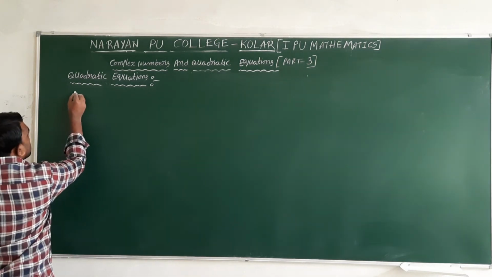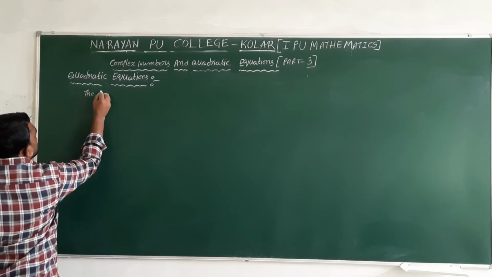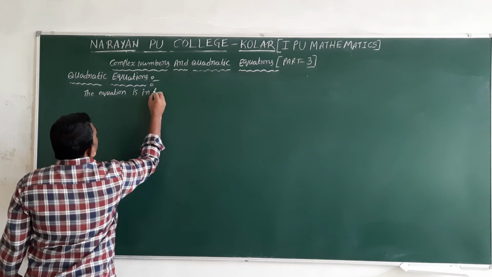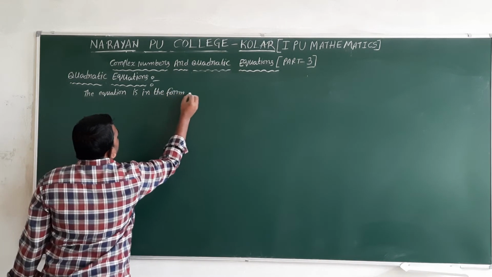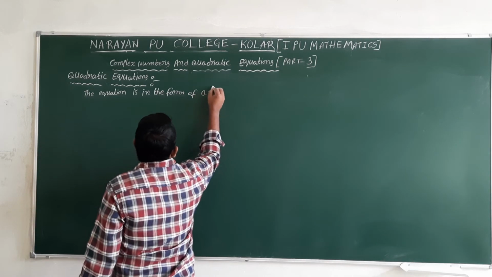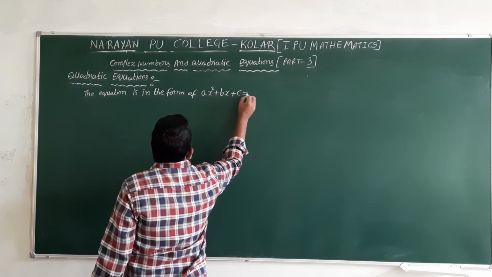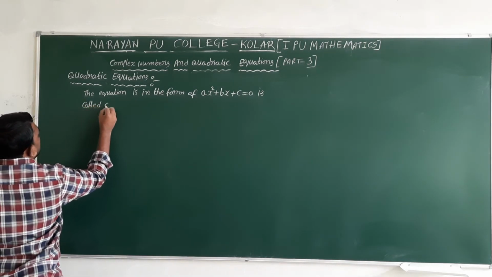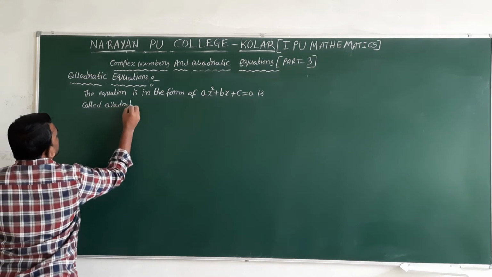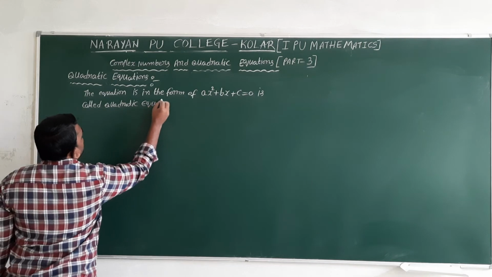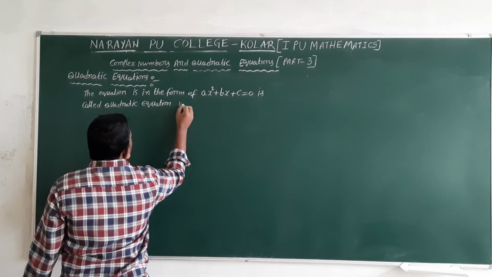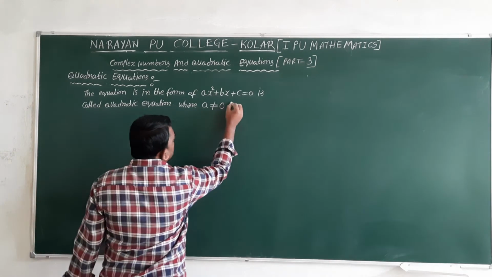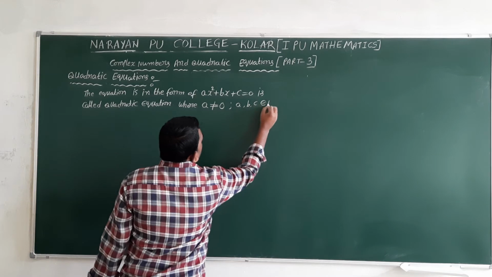So first, the definition. The equation in the form ax square plus bx plus c equal to 0 is called a quadratic equation, where a not equal to 0, this is a very important condition, and a comma b comma c belongs to the real numbers.